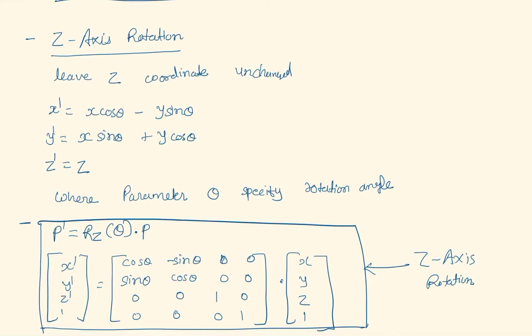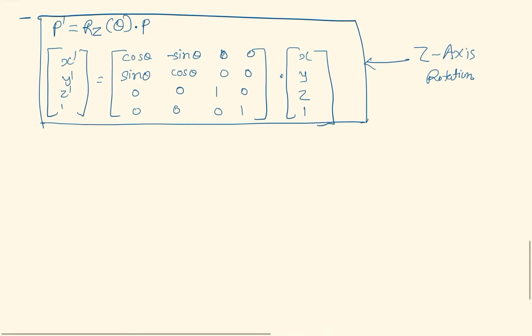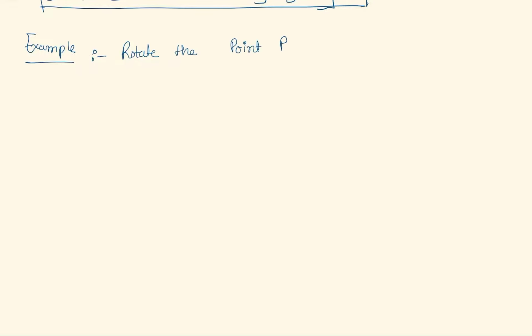Now let's solve one example. Here we are giving one example: rotate the point P (5, 5, 5) at 90 degrees about z axis, right?